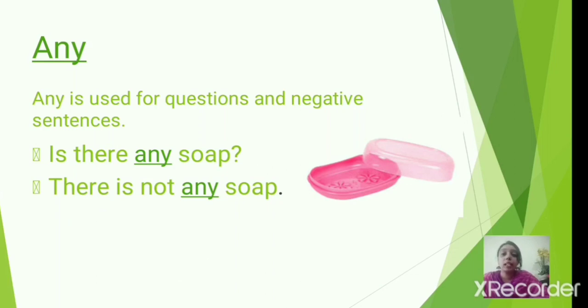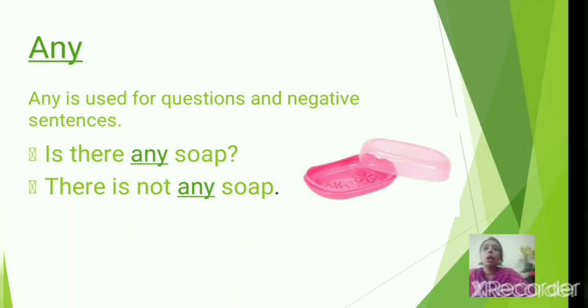It means there is no soap. Do you all understand, students? Here we are using any to ask a question like, is there any soap? So any is a quantifier determiner, and soap is what? Noun. Any is used for both countable as well as uncountable nouns.